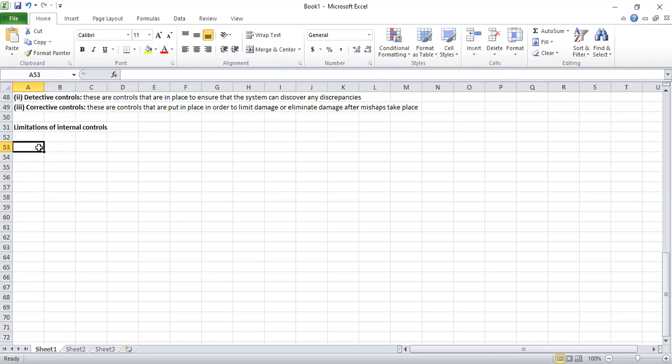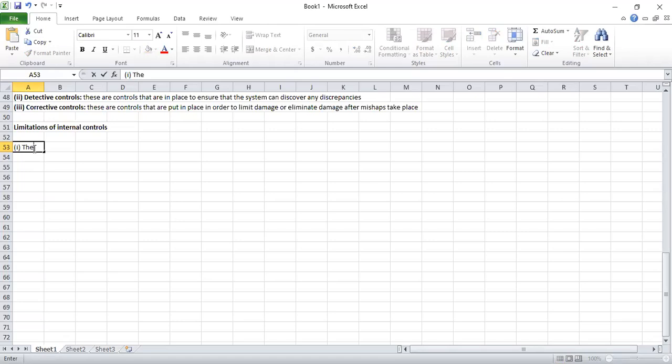But they can only go so far. There's an extent to which we can't 100% rely on internal controls. So when we say limitations, we're talking about the weaknesses that make our internal controls not to be 100% relied upon, not to give absolute assurance, not to give as much reasonable assurance as we would desire.